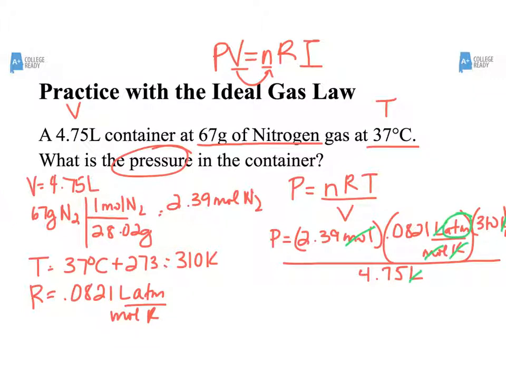Atm, which is the unit for pressure. So now we just plug all of this into our calculator, and we get pressure is equal to 12.8 atm.